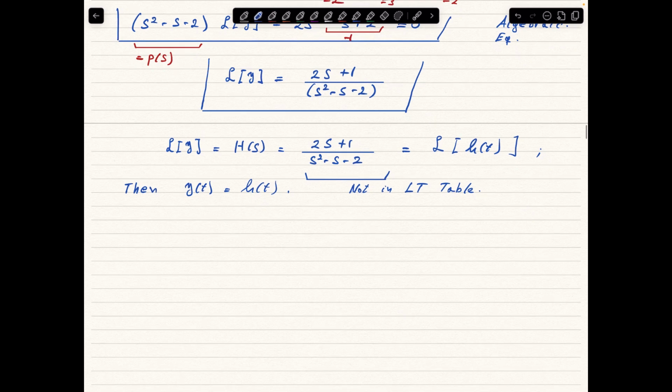So we have two possibilities. Either construct a bigger Laplace transform table, or simplify the right hand side.